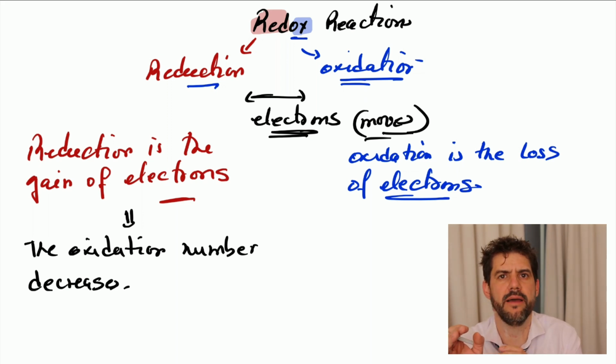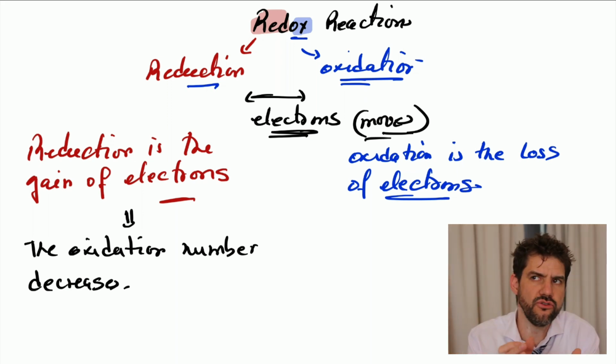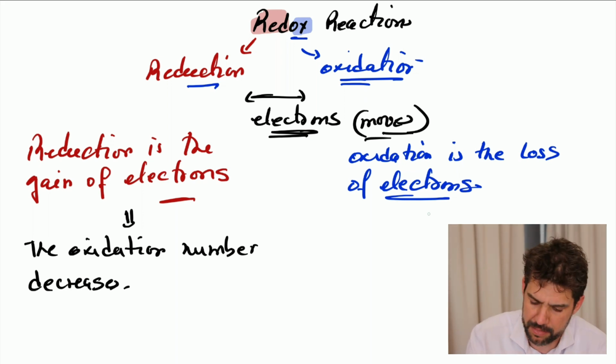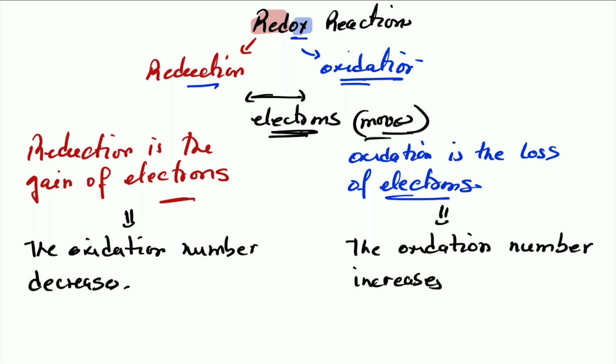In terms of oxidation number, it is the decrease of oxidation number. It is quite simple to remember. If you know that reduction is a decrease in oxidation number, you can use it to remember. In terms of oxidation, the oxidation number increases.